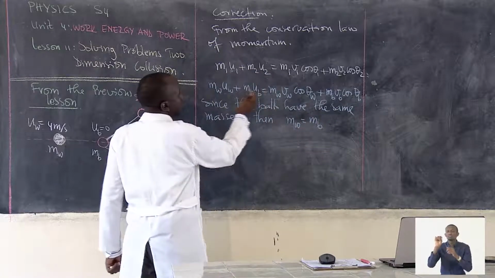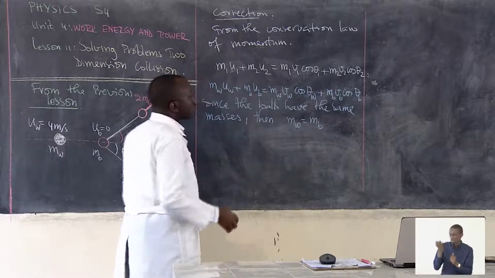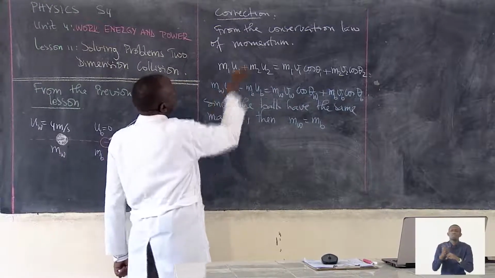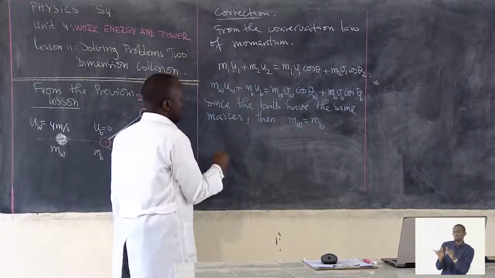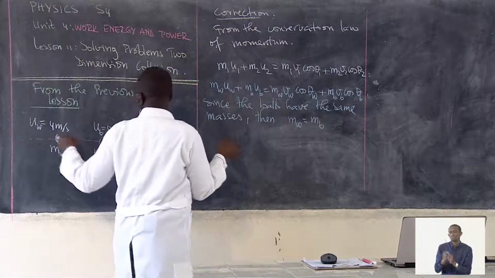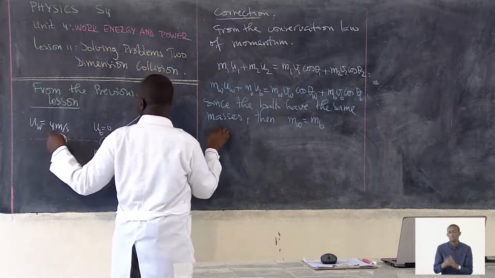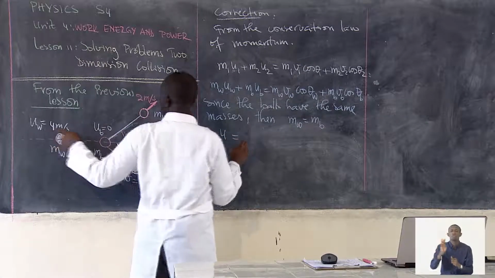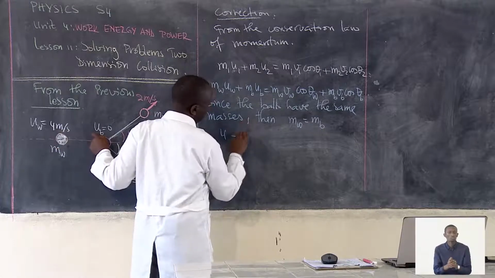On both sides, you see we have the mass. We can simplify, or cross them out, and we remain with only the velocities. Now here we have the substitution. If we substitute, we find this is 4, which is equal to 4 plus 0.